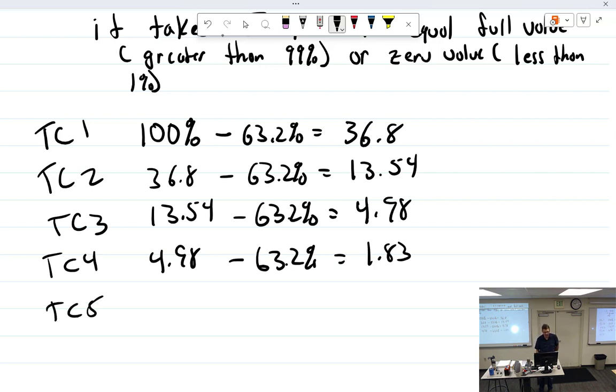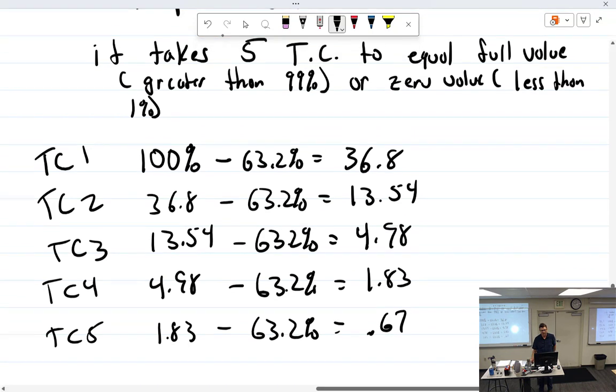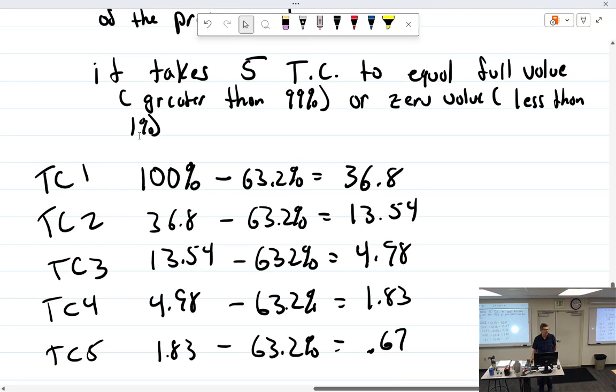Time constant number 5, 1.83 minus 63.2% is going to equal 0.67. Now it's off, less than 1%. And it works the same way building it back up. You really have a 2% margin of error. So how many time constants does it take? 5. That's all you need to know.